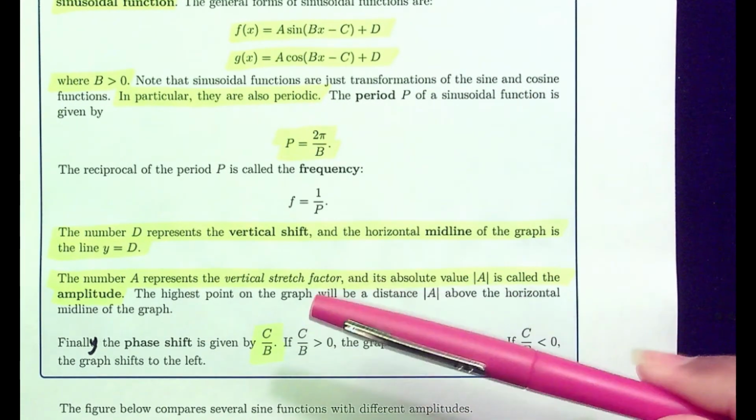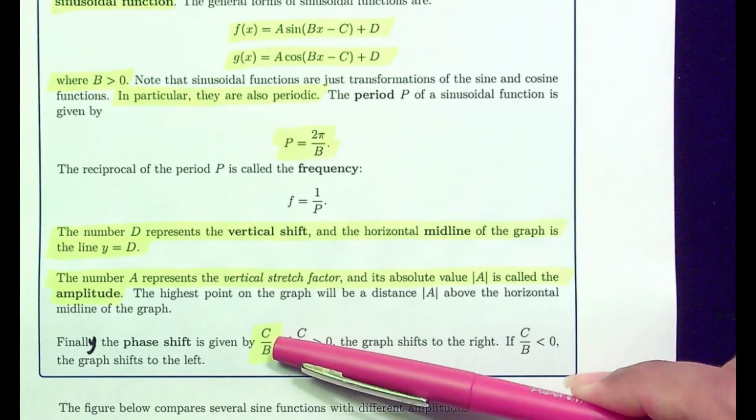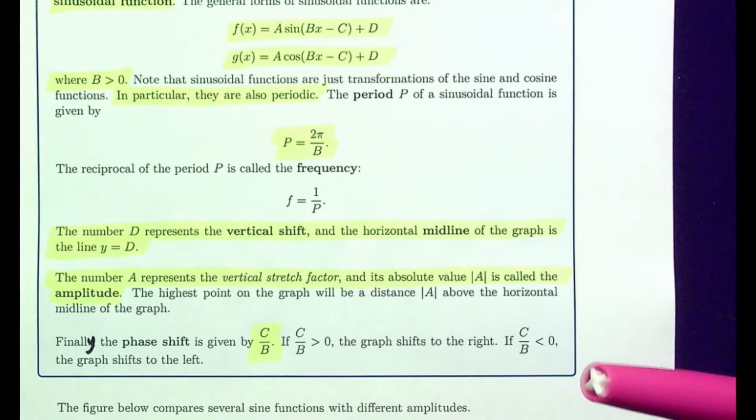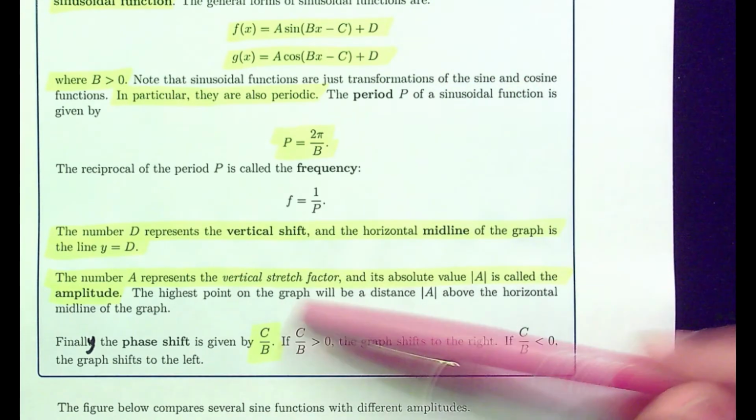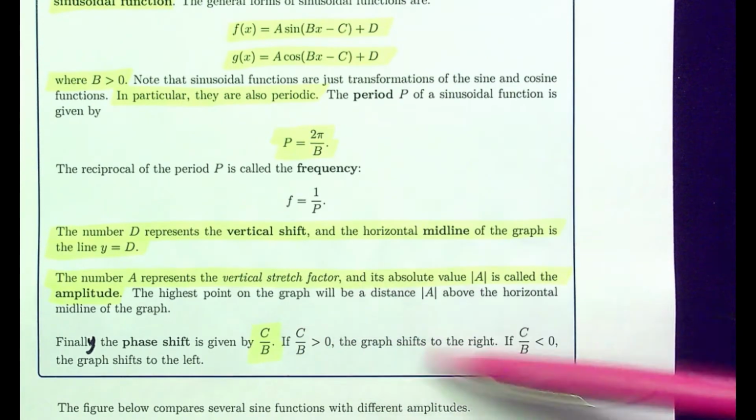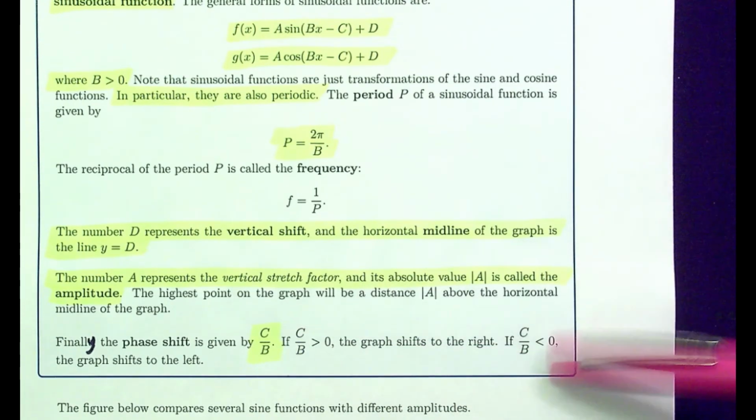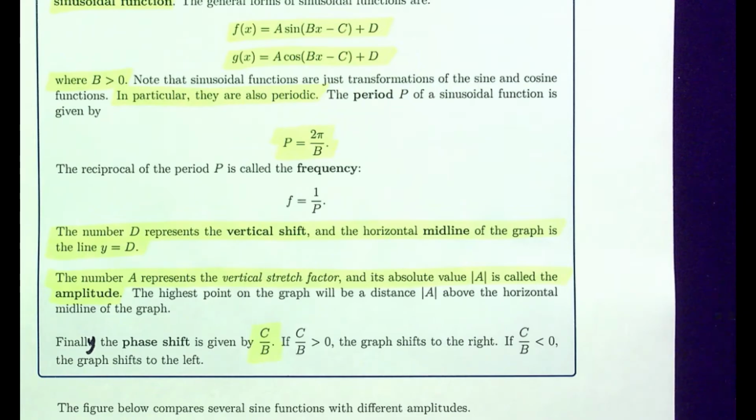All right, so that is the phase shift, and it is the horizontal shift, how much the graph moves to the right or to the left. If the sign is positive, that means you're moving to the right. If C over B is negative, that means you're moving to the left.